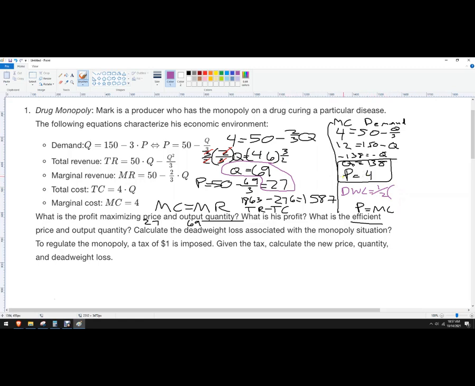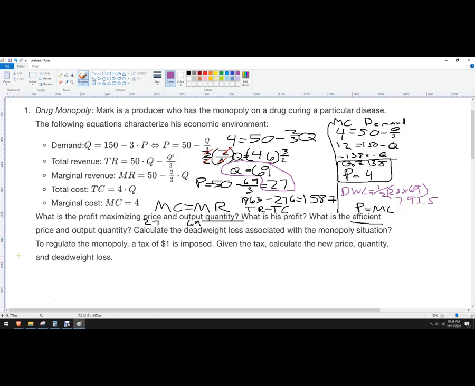I could write 27 minus 4, but I'm just going to write 23, times the difference between the efficient quantity and the monopoly quantity, which is 138 and 69, which happens to be 69 coincidentally. I already did the math on this one. It's 23 times 69, and then 1/2 of that, which is 793.5. So that's the deadweight loss.